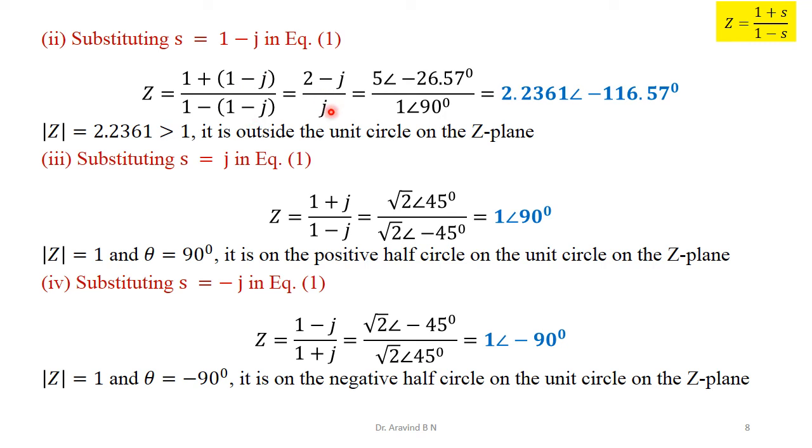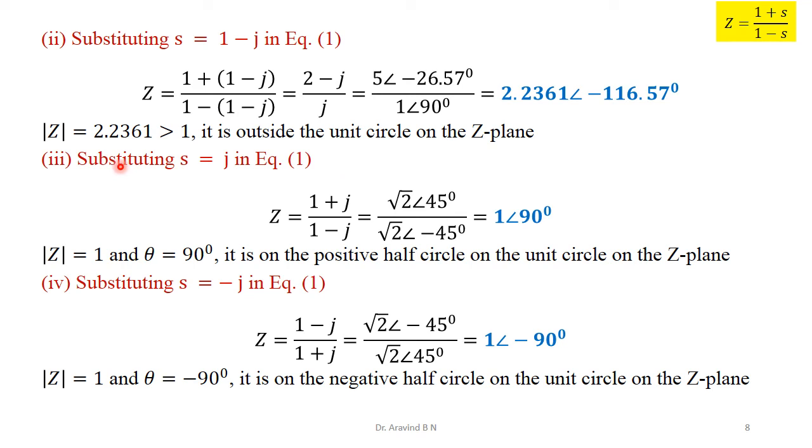This is what we have obtained, and then converted to this form of representation. Final answer: 2.2361 at an angle of minus 116.57 degrees. The magnitude 2.2361 is greater than 1. Therefore this value lies outside the unit circle of the z plane.